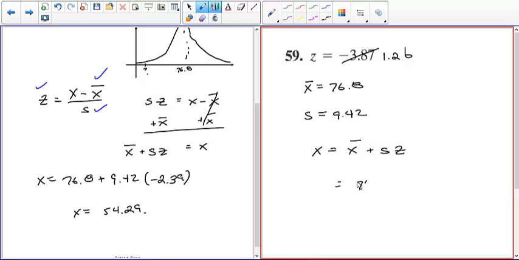We have the same mean and the same standard deviation, but now a z-score of 1.26. So if we solve for x, we get 76.8 plus 9.42 times 1.26. And so the value associated with that z-score is 88.67.